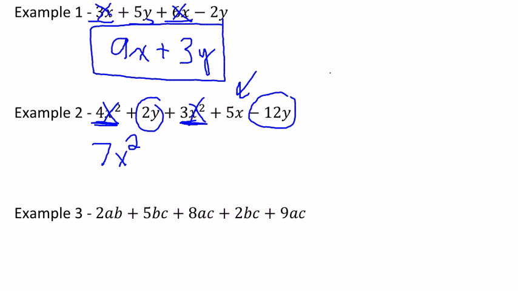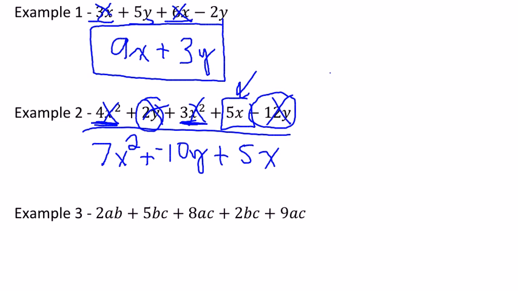I got 12y, or 2y, and negative 12y. Remember, the negative is with the 12, so it's going to be 2 plus a negative 12, which would give you a negative 10. So you can either write it as plus a negative 10y or minus 10y. And then finally, the only one left is the 5x, and it's a term unto itself, but it doesn't have anything like it, so you just recopy the 5x down. So the answer is 7x squared minus 10y plus 5x.